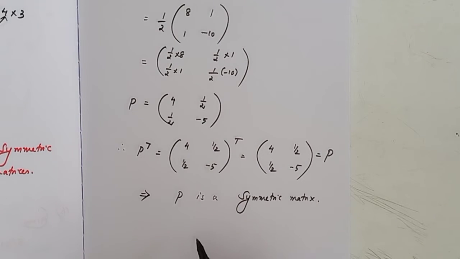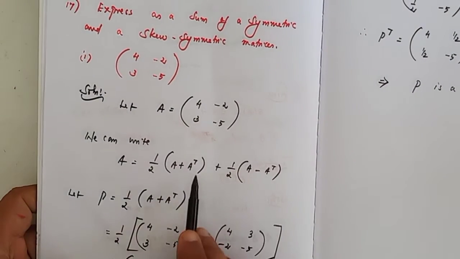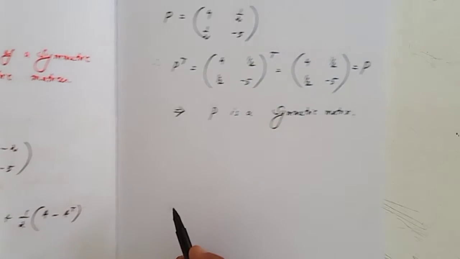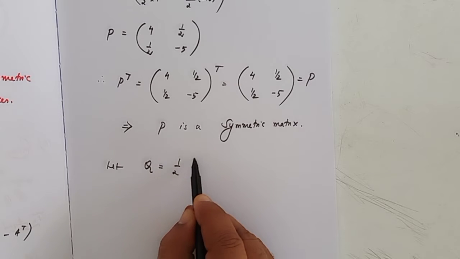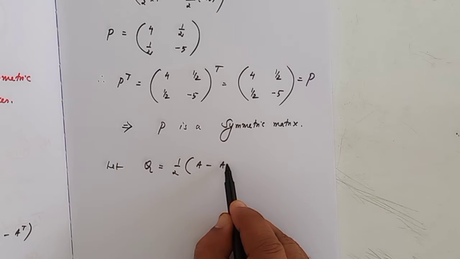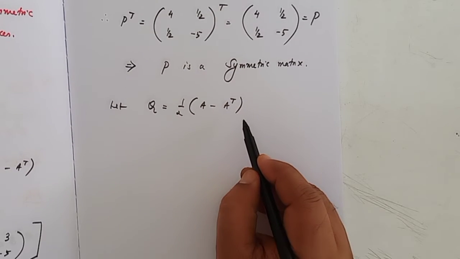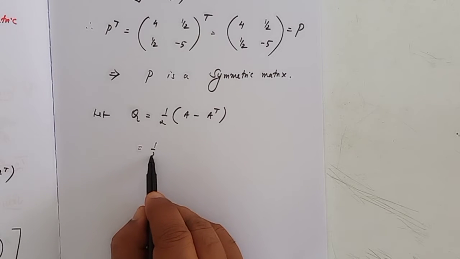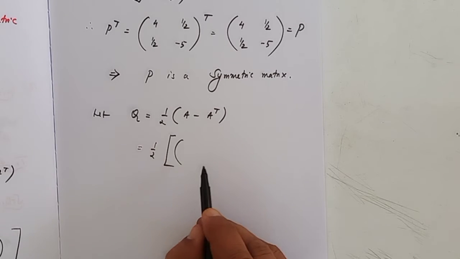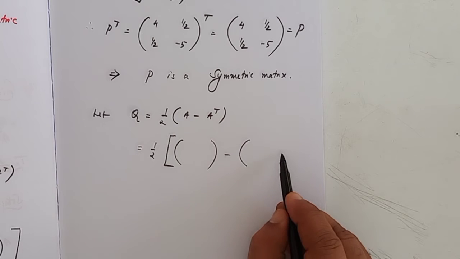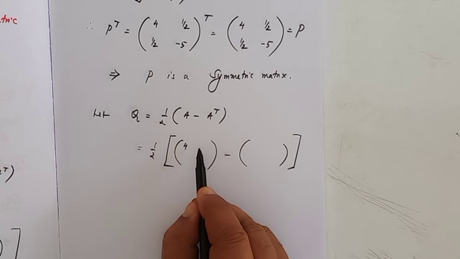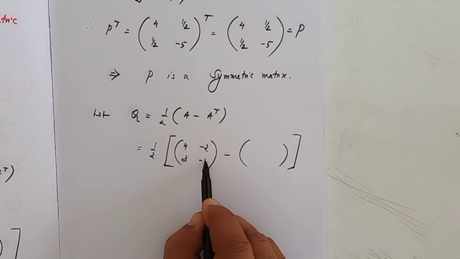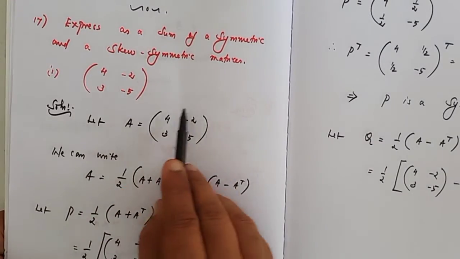Next, I consider this matrix as Q. Let Q be equal to half into (A minus A transpose). So that is equal to half into A matrix minus transpose of A matrix. A matrix you know very well, [4, -2; 3, -5], that is given here.